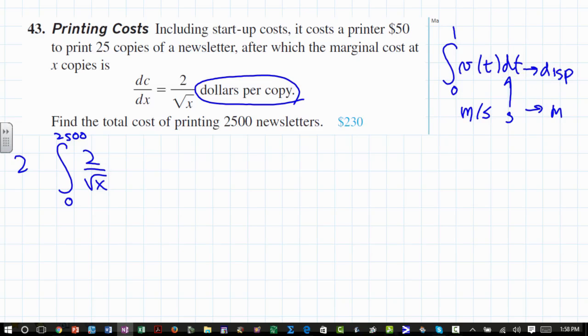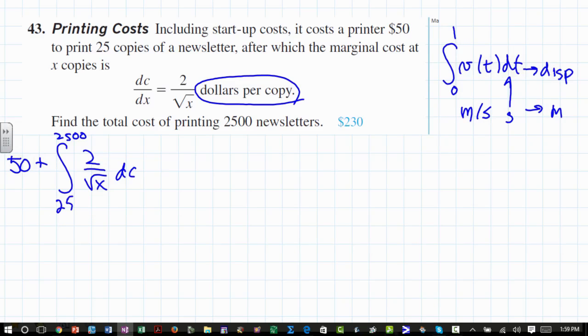Oh, okay. Well, no, that's a good idea. The first 25 costs 50. So there's $50 plus, and then the rest of it is going to be from 25 to 250?